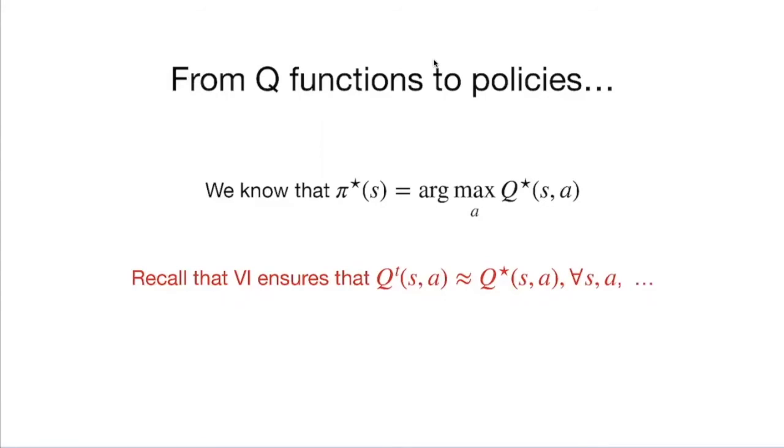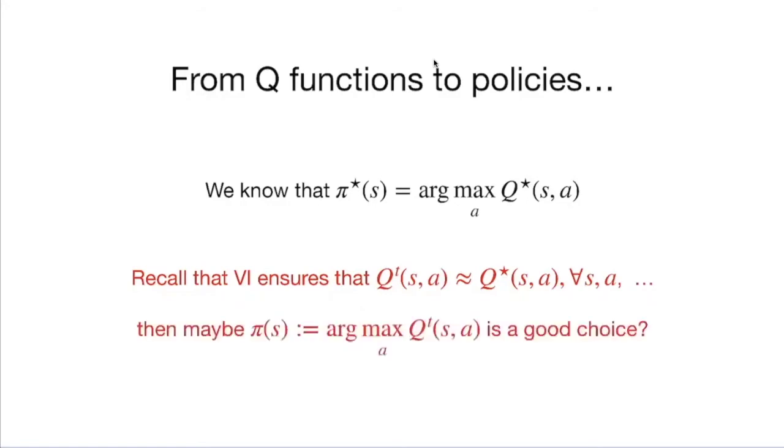So the naive solution that we could try is just set the policy pi to be the greedy operator with respect to Qt. We convinced ourselves that Qt could be arbitrarily close to Q star if I set t to be big enough. So maybe eventually I can just pick the argmax operator with respect to my estimated Qt. And my hope is that when t goes to infinity, pi t is similar to pi star. So that's our hope.